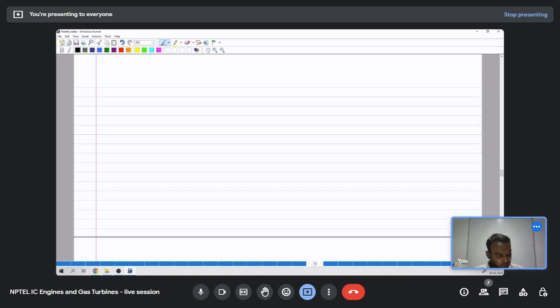That means to calculate the fuel quantity, we have 0.3 kilogram per kilowatt hour. That means we need 0.3 kg fuel for 3.6 into 10 power 6 joules.